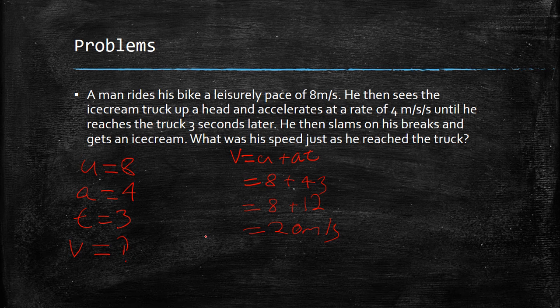So his final velocity was 20 meters a second. How'd you go? The maths in this one was a bit easier, so if you got it wrong, I'm guessing it might have been choosing the wrong formula. So you might want to review that if that's the case, but if not, let's keep powering through.